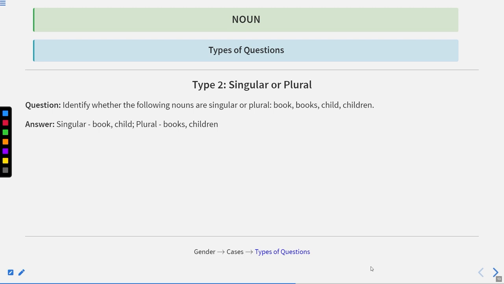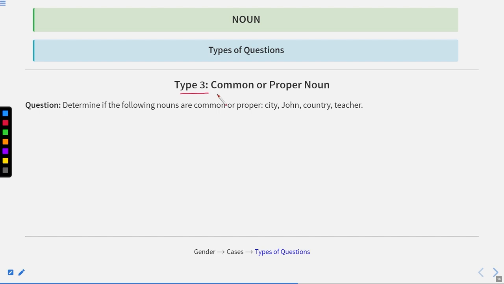Okay, now let us move to the next type of question. That is type 3, common or proper noun. Determine if the following nouns are common or proper. You will be asked what type of noun the given word is: common, proper, or any other type of noun. If you see these words, city, John, country, teacher: city is a common noun, because for any city we can use the common noun.